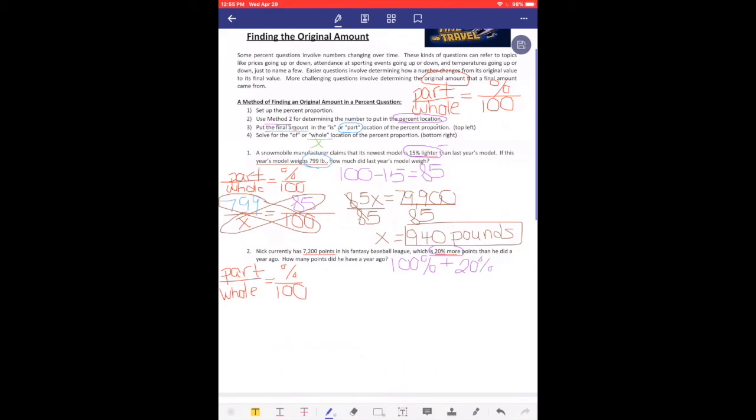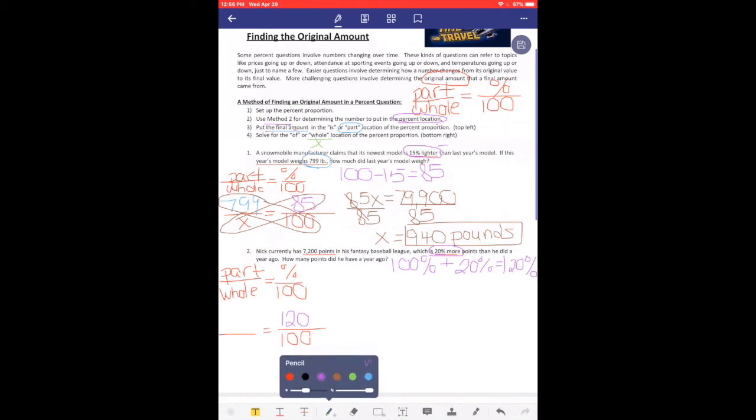When you do 100 plus 20, you'll get 120%. So if there's a decrease, we always subtract. If there's an increase, we always add. For my proportion, the 100 always stays at the bottom, and the percent we just found was 120.